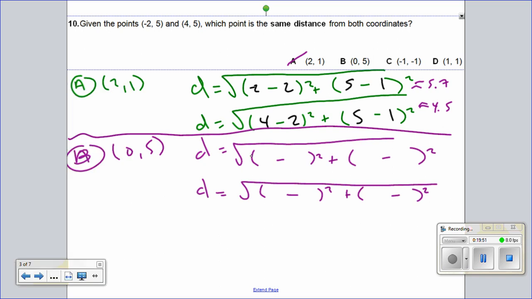The first x value is going to be negative 2 again, but the second x value is 0 this time.